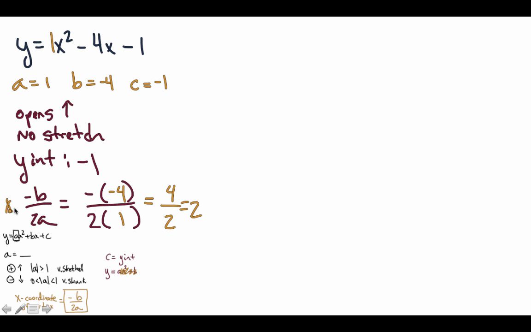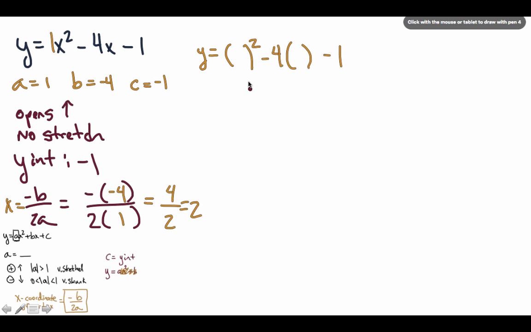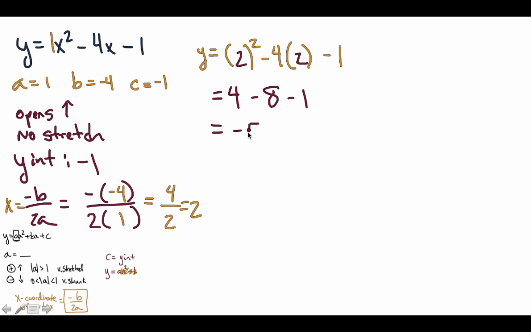That's the x-coordinate of the vertex. If I plug this in and solve for y, I get y equals 2 squared minus 4 times 2 minus 1. 2 squared is 4. 4 times 2 is 8, so this is 4 minus 8 minus 1. 4 minus 8 is -4, -4 minus 1 is -5. So the vertex is the point (2, -5).